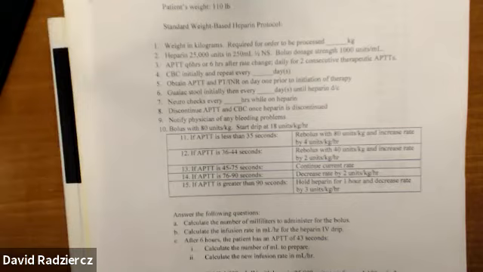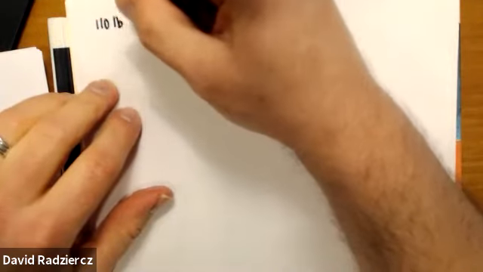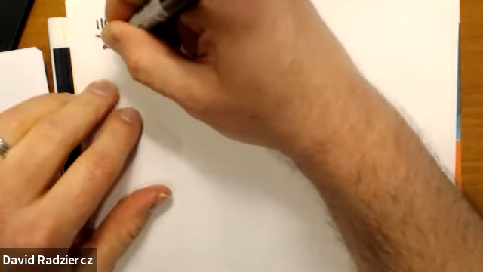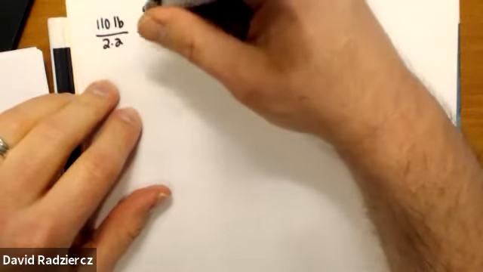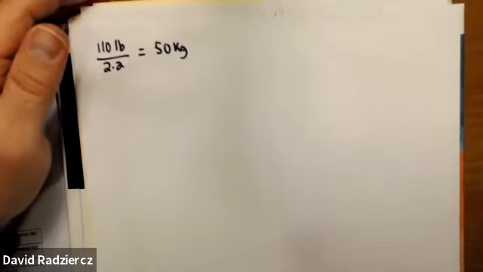So step 1 is we're going to convert the patient's weight from pounds to kilograms. That's a 110-pound patient, divide by 2.2, and I'm going to get 50 kilograms. So the patient's weight is 50 kilograms. Now, I'm going to take that patient's weight and follow the protocol.